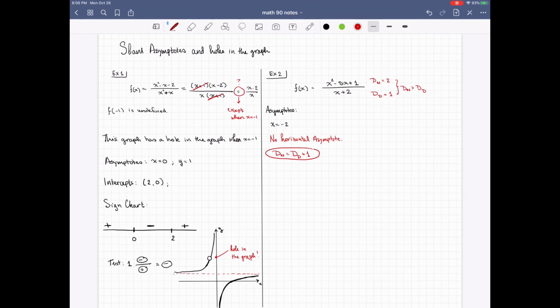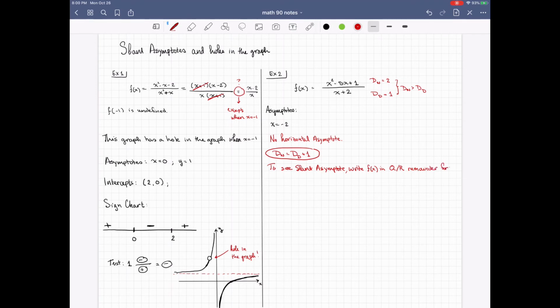What I'm going to do to see the slant asymptote is write this function in quotient remainder form. So this is something that, in varying degrees of comfort, you all have practiced in the polynomial unit.